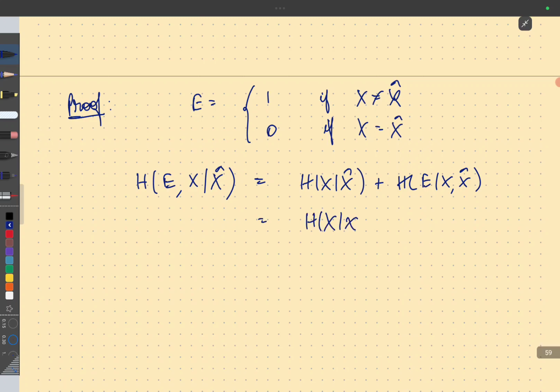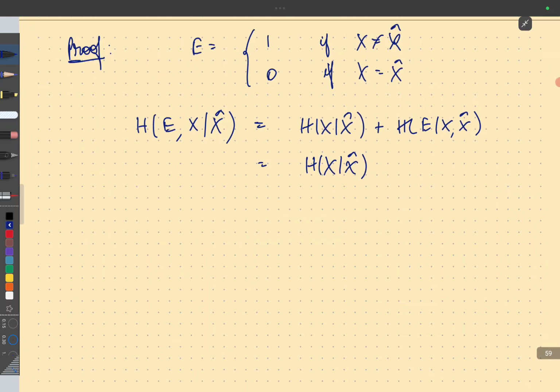So this is equal to H of x given x hat. Now we'll take H of E comma x given x hat and use the chain rule again to expand it in a different way. You see that there's a trend: take the joint entropy and then use the chain rule to expand it in two different ways. That's a very common trick that we'll keep using.